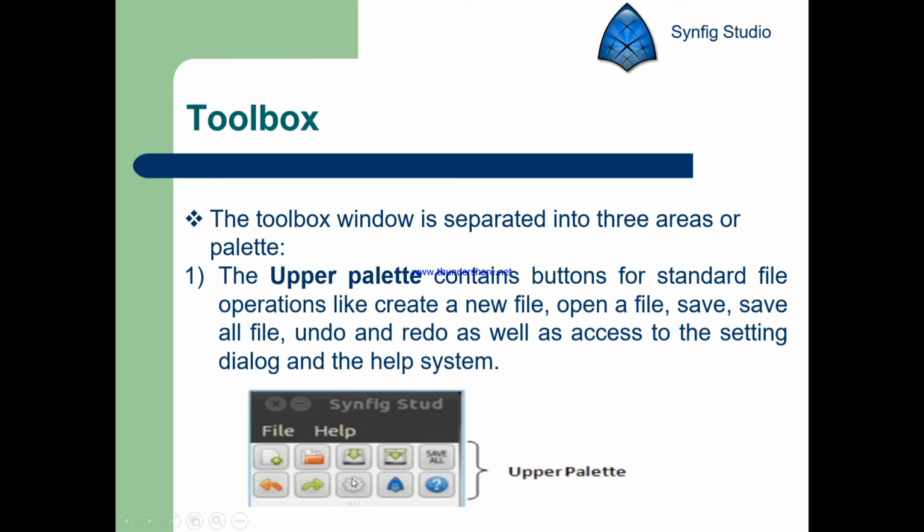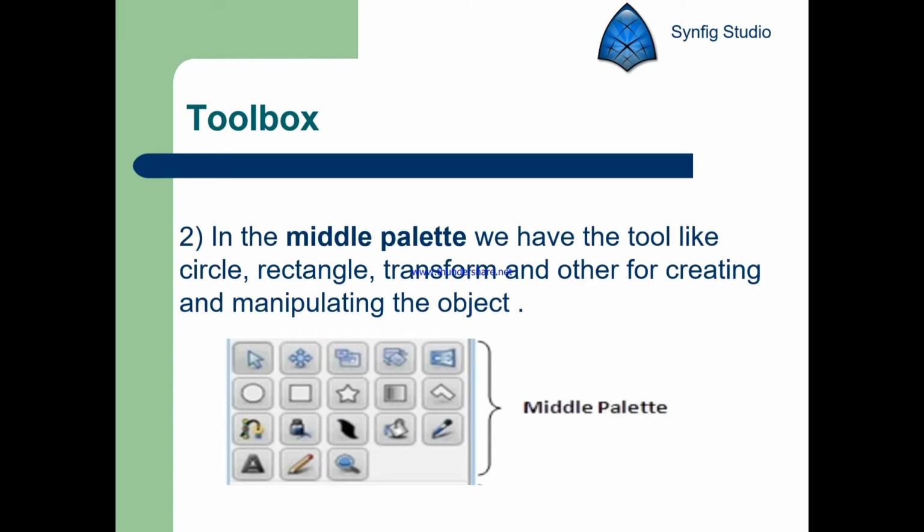This icon is the setting dialog. Then this icon is about Synfig Studio, and this icon is about the help system. So the upper palette contains buttons for standard file operations like create a file, open a file, save as, save all files, undo and redo, as well as access to the setting dialog and the help system.